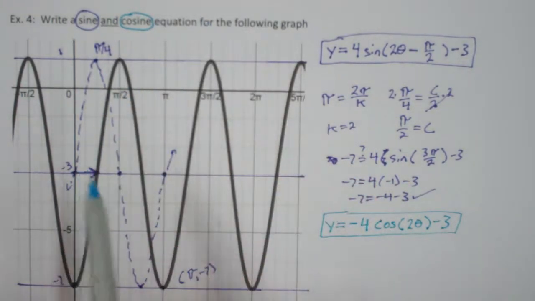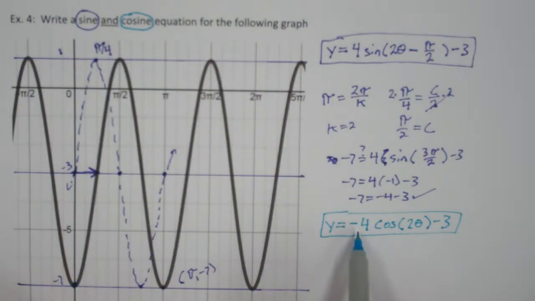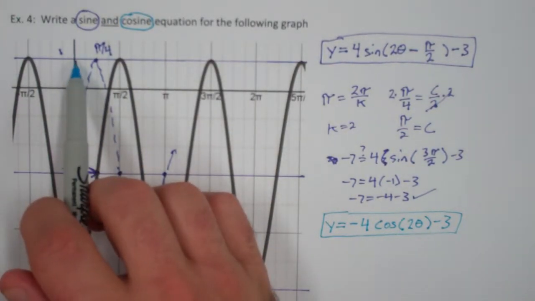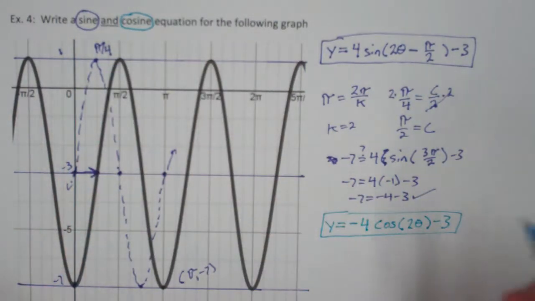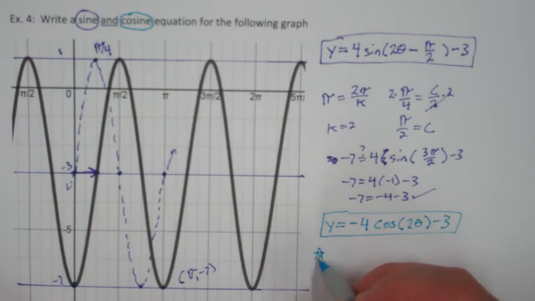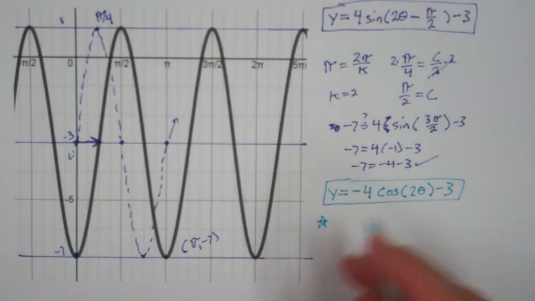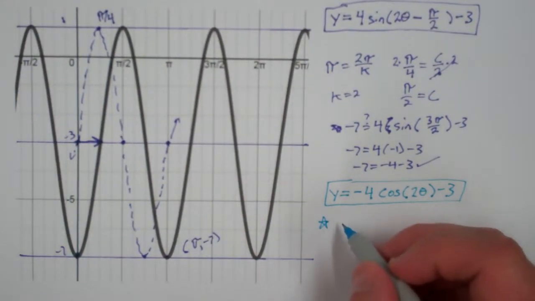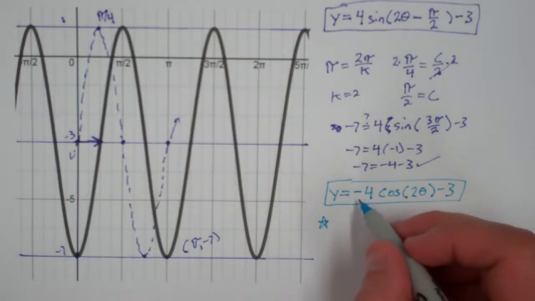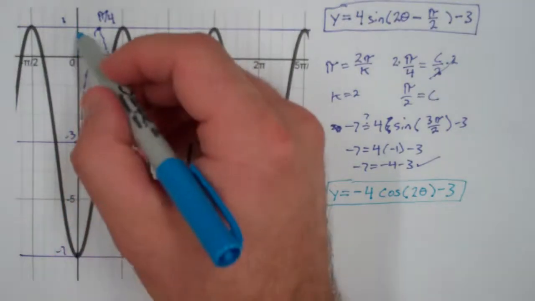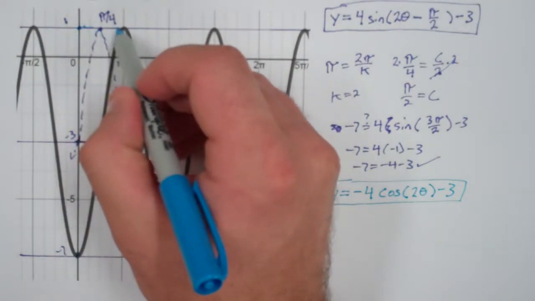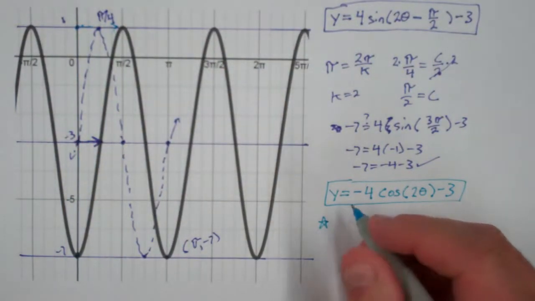We could have shifted without a reflection. We could have shifted right by pi over 2. So if you did that, I'll put a little star here, and if you said, hey, I don't want to use a negative sign here, I don't want to reflect it, I just want to start it right at the top line, then we would need to take that point and shift it over right by pi over 2.